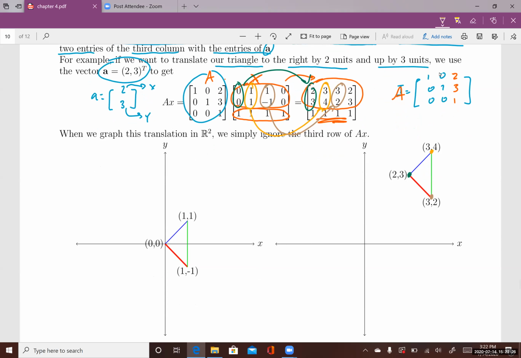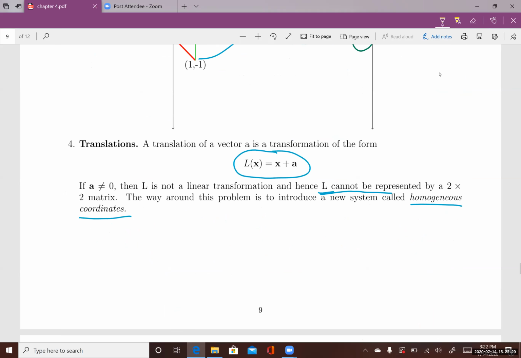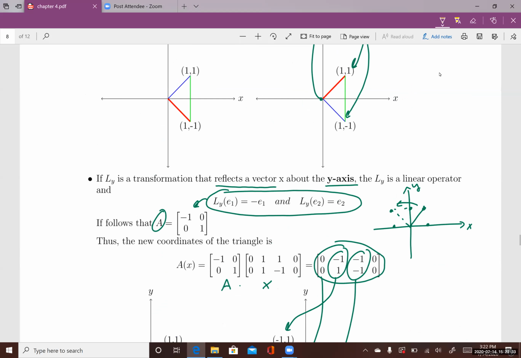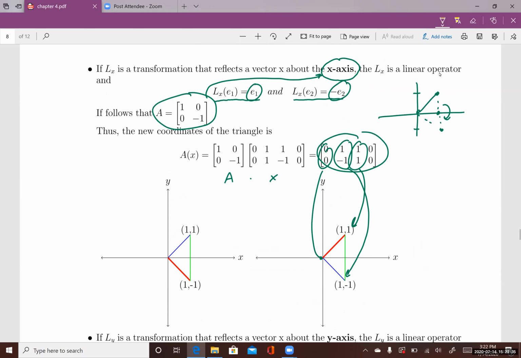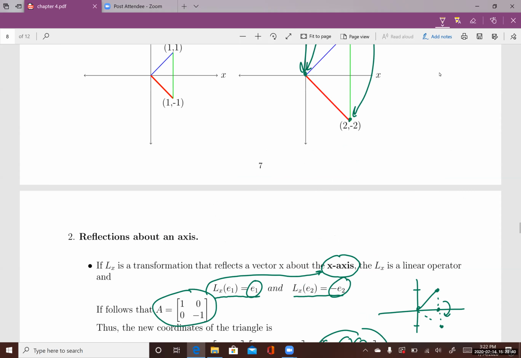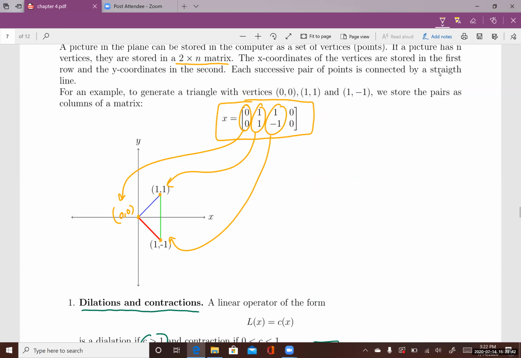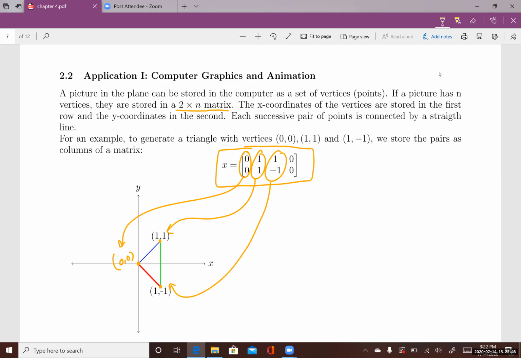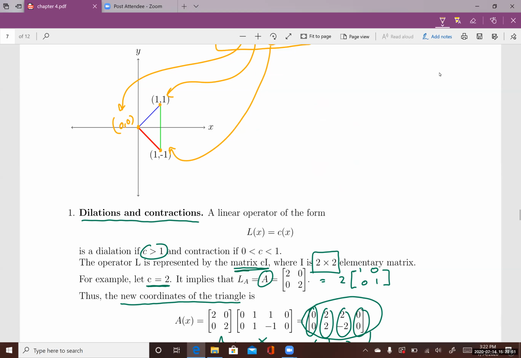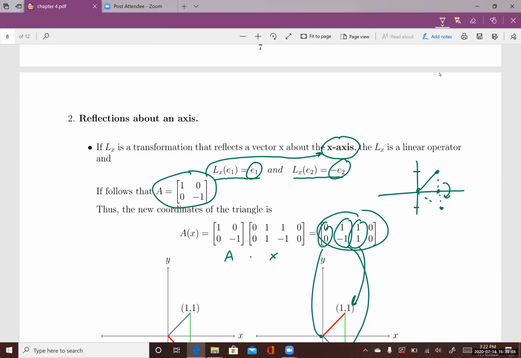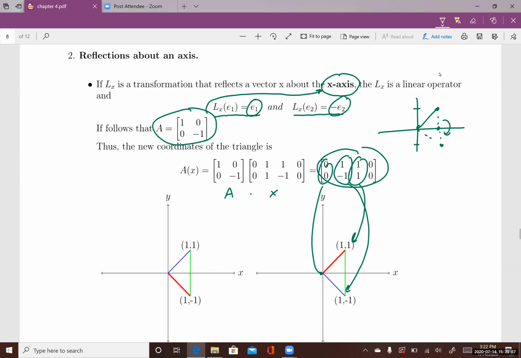All right, so this video introduces how you can use linear transformations, more specifically linear operators, in R2 and R3 in order to do graphic animations. And the basic effects or animations are dilations and contractions as one group, reflections over axes as another group.